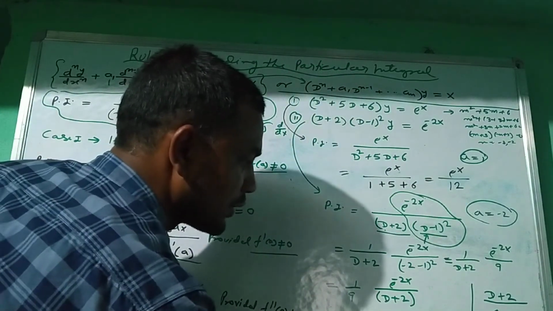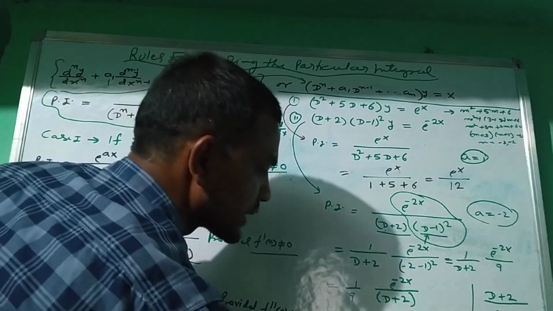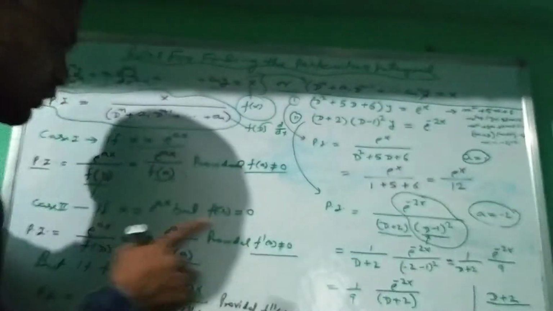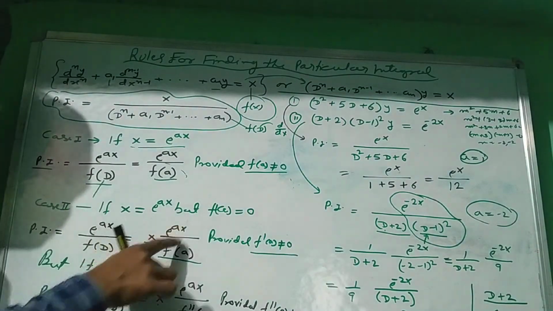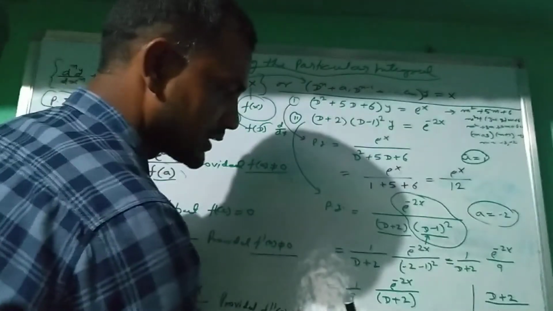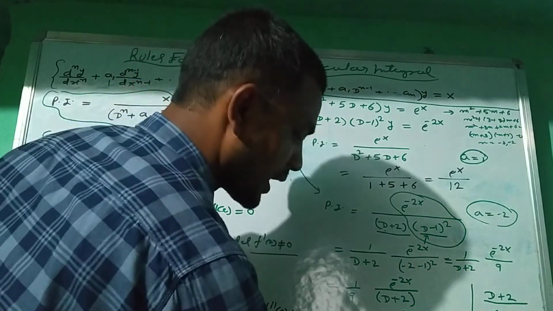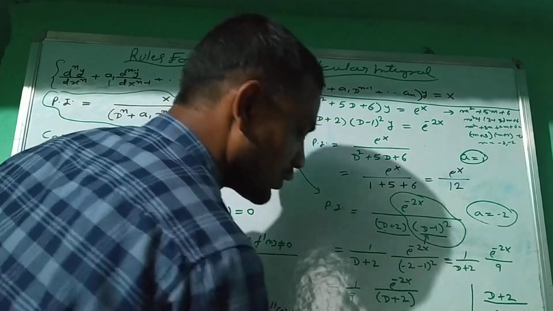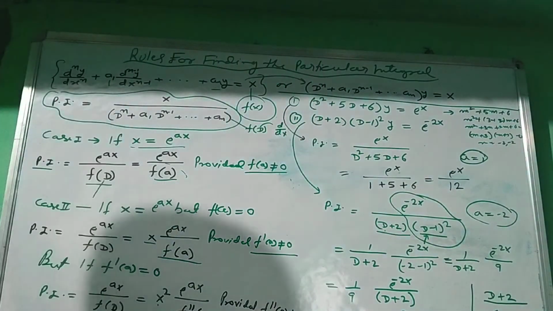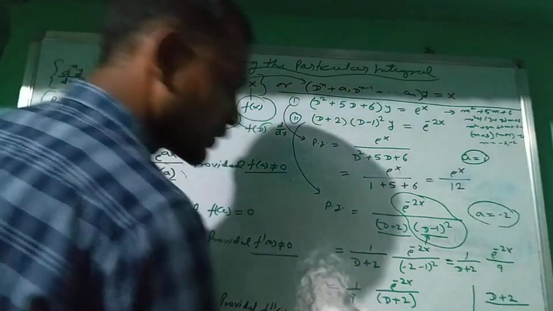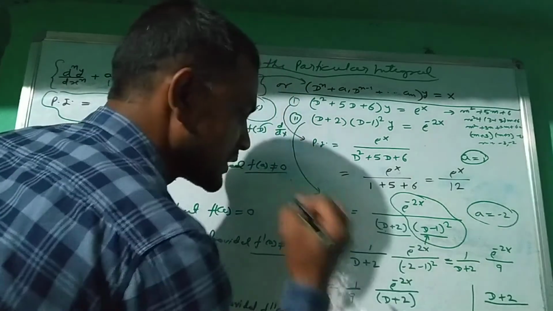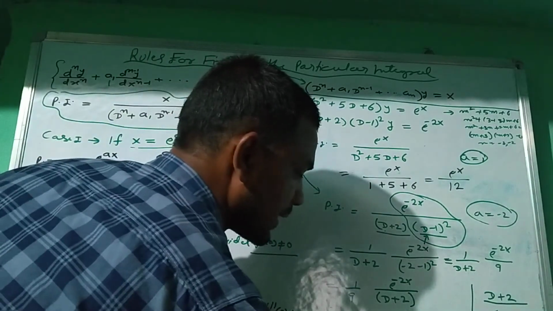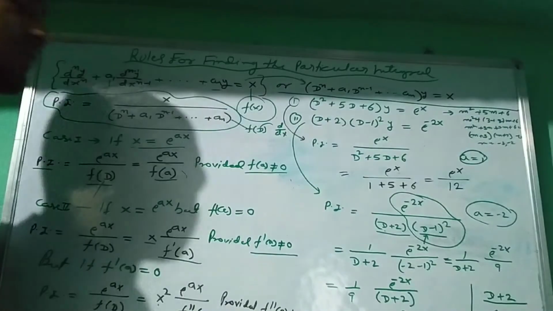Now it is equal to 1 upon 9 x into e to the power minus 2x upon 1, because this is x into e to the power ax upon f dash a. In the denominator part we have no D, so the particular integral of this question is x e to the power minus 2x.